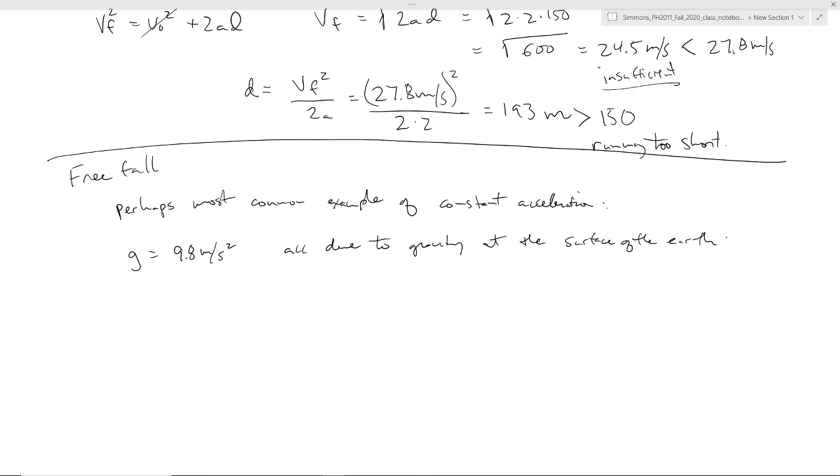And we'll get into that when we talk about Newton's theory of gravity in chapter 6. But for our purposes with kinematics, we assume that this is constant. And this is a number that you're probably going to have burned into your brain more than any other number in PH2011. So let's consider an example.